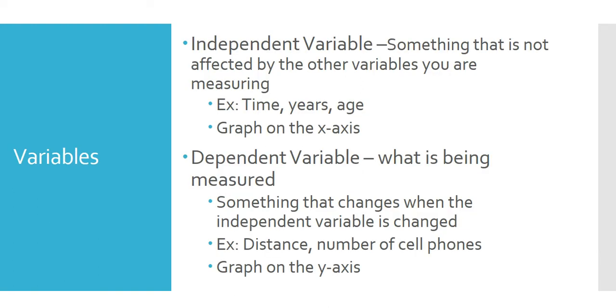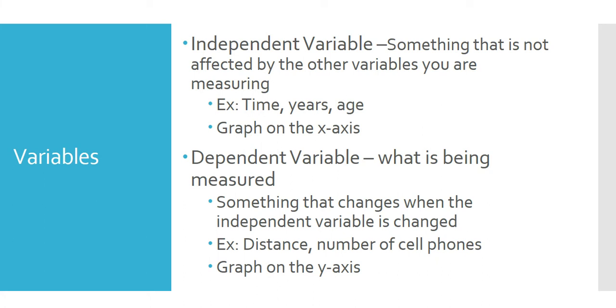Independent variable is going to be independent. It does not depend on anything else, and it's something that is not affected by whatever else you're measuring. So things that are not affected by something else you're measuring are typically things like time, the years, the age, and we always put this on the horizontal axis, which is again the x-axis.